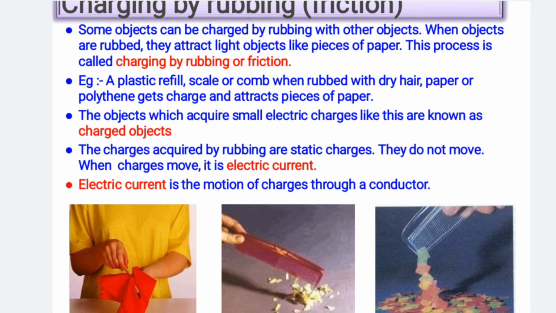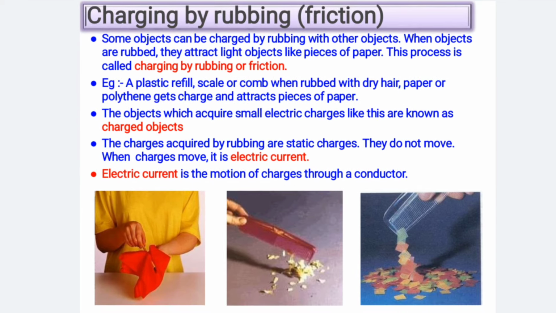In the picture you can see that the first picture shows charging by rubbing with woolen cloth, and in the second and third pictures light paper pieces get attracted to the comb, plastic refill, and plastic scale.